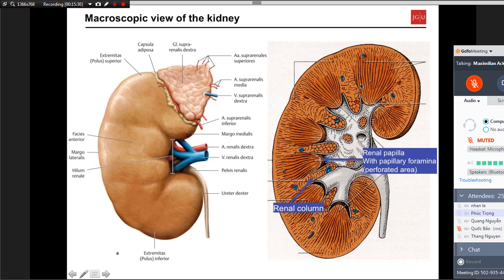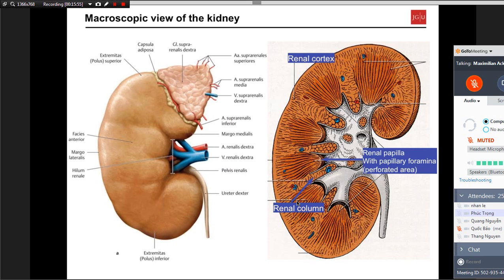If you do now a cross section, you find here the renal papilla with the papillary foramina. It looks like a perforated area. Between the papillae, you find the columns, called the renal columns, and the renal columns are going down to the calyx of the kidney.